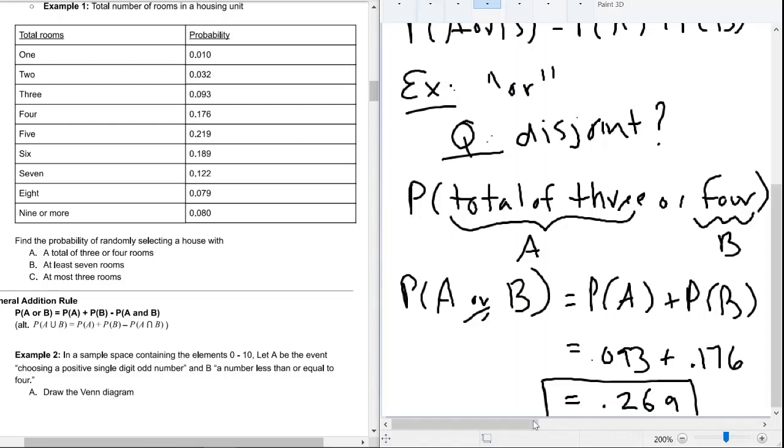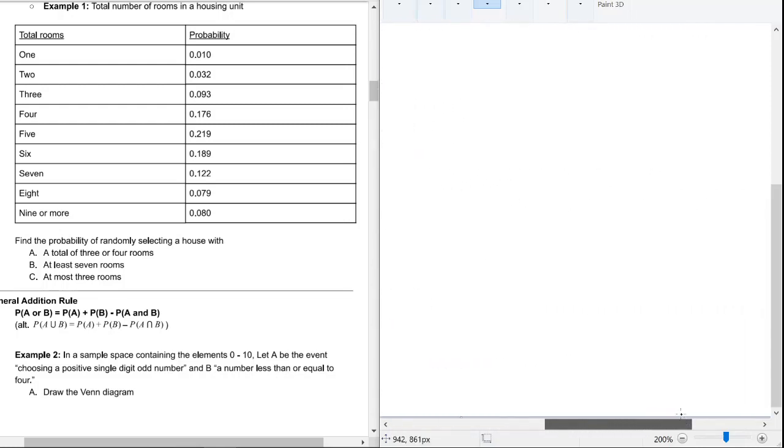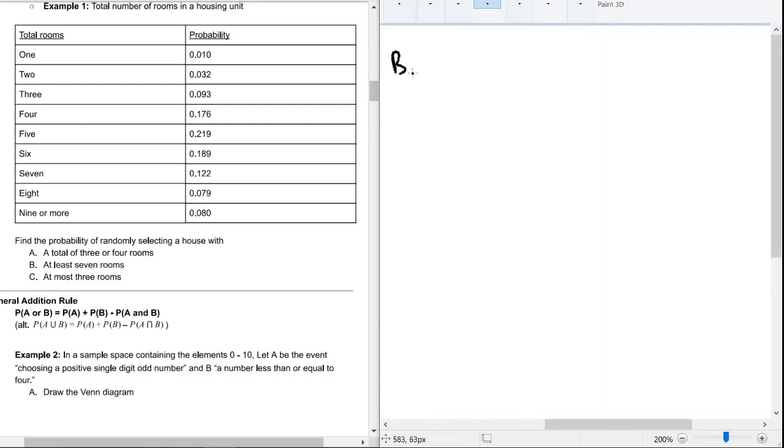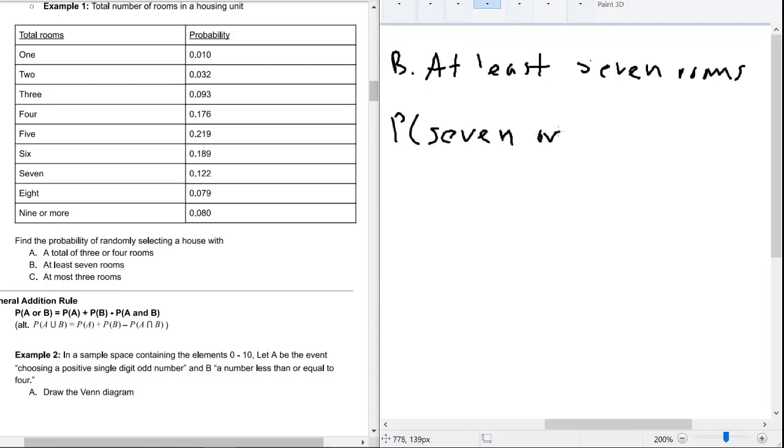I do want to make a comment on B and C. I'll leave these as exercises, but I do want to comment on what these mean. For B, you have the phrase at least 7 rooms. The way we can translate this, at least 7 rooms, means that you have 7 or 8 or 9 or more.